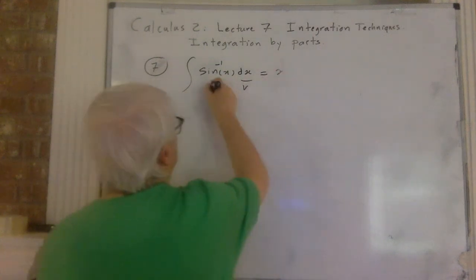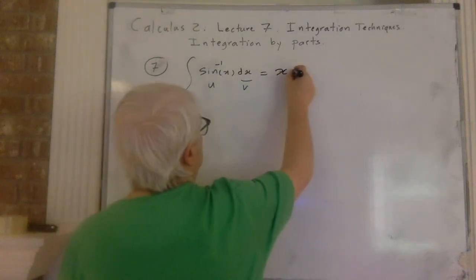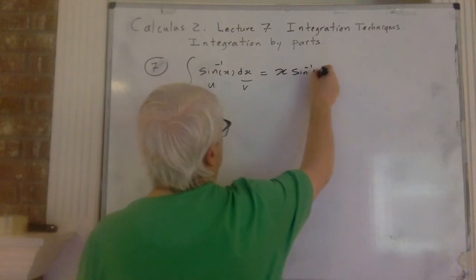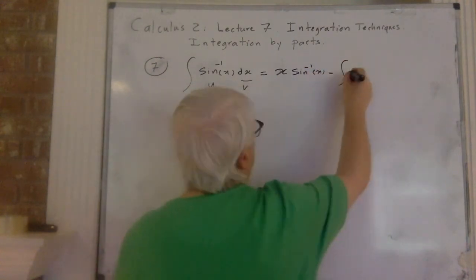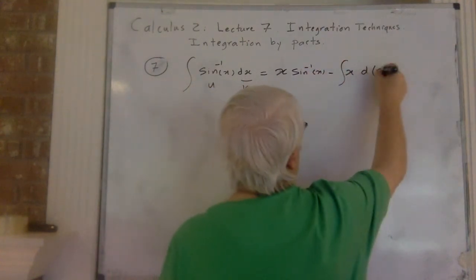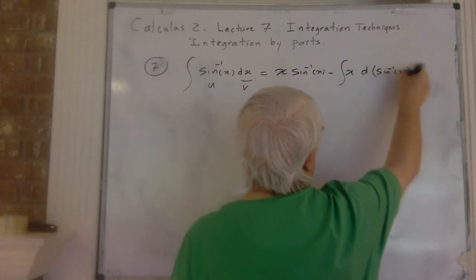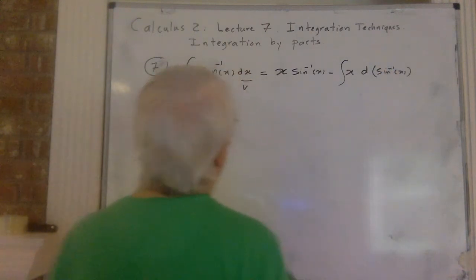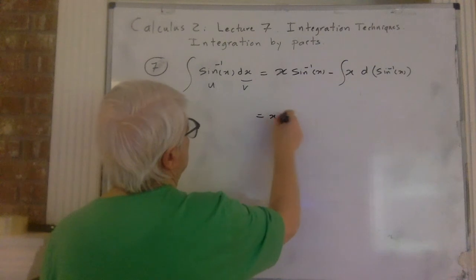So that is uv, so it is x sine inverse of x minus integral x times the derivative of sine inverse. What is the derivative of sine inverse? Well, let me write it for you.